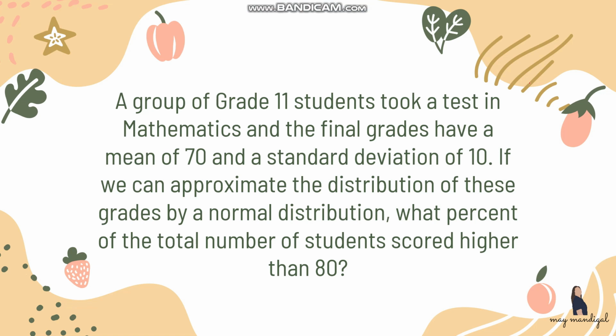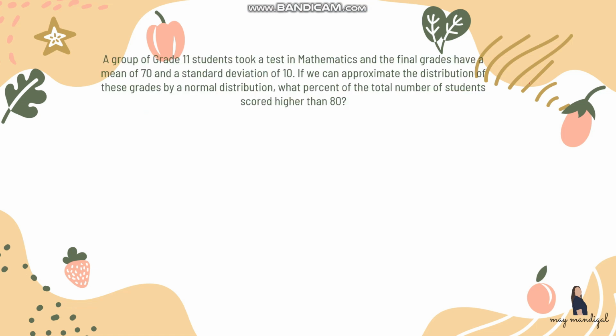So what we have here is some of the raw scores or raw data, which is what we know is that the mean is 70 and then the standard deviation of the scores is 10. Now we want to identify how many percent of the students, so the total number of students, scored higher than 80.